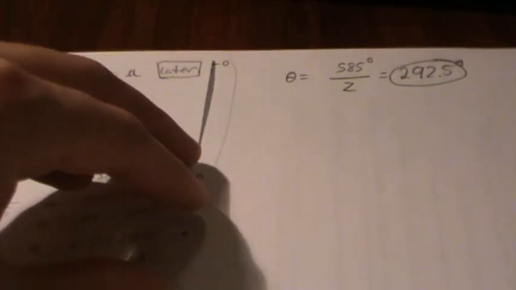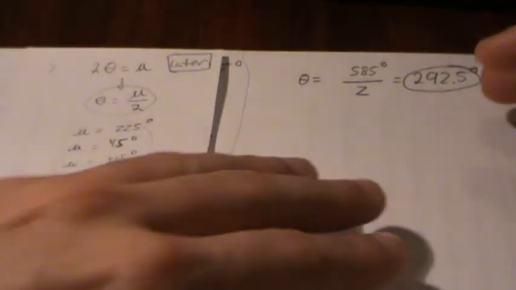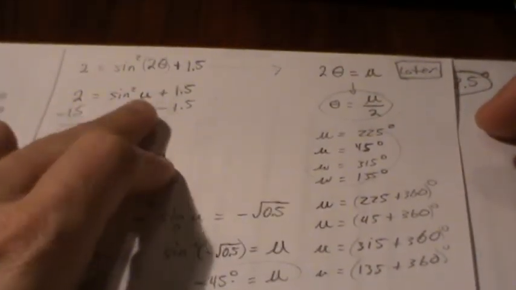And so 292.5 is also a solution to the original equation because it does fall into the domain.